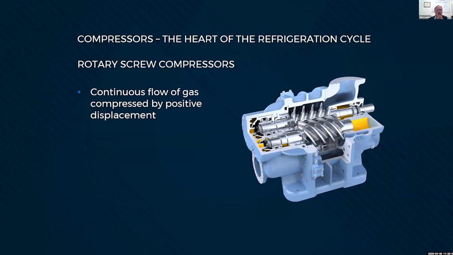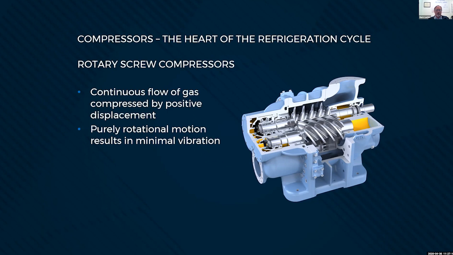Third type I want to talk about is rotary screw compressors. So this combines the positive displacement characteristics of the reciprocating compressor with the continuous flow characteristics of the centrifugal compressor. So again, it's purely rotational motion, so the vibration is much less than a recip.